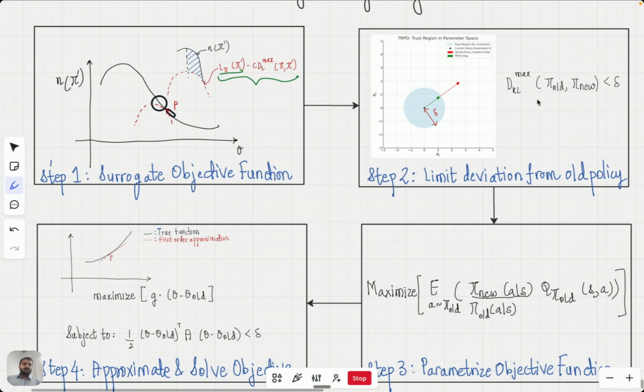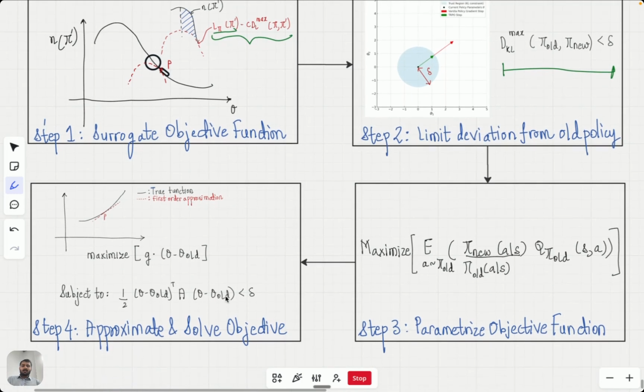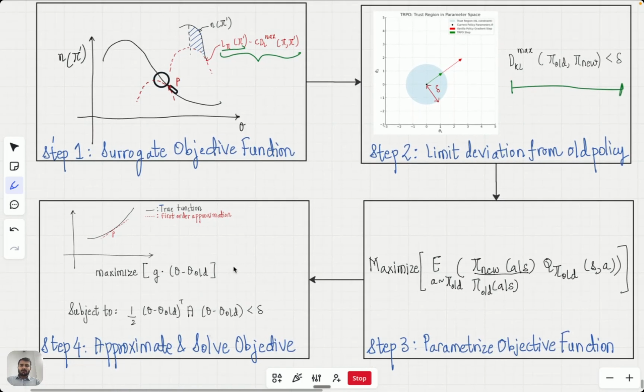Then what you do is that you separate the second term from the objective function and you add it as a constraint, which becomes a trust region. This does not allow the policy to deviate that much from the old policy. Then you simplify your objective function using probability manipulations and Taylor series approximation to get these two equations, equation 1 subject to equation 2, where g is nothing but the gradient which we get from our vanilla policy gradient step as well.